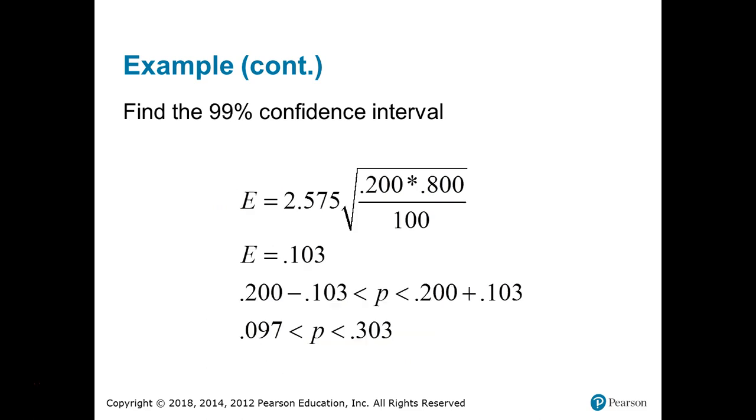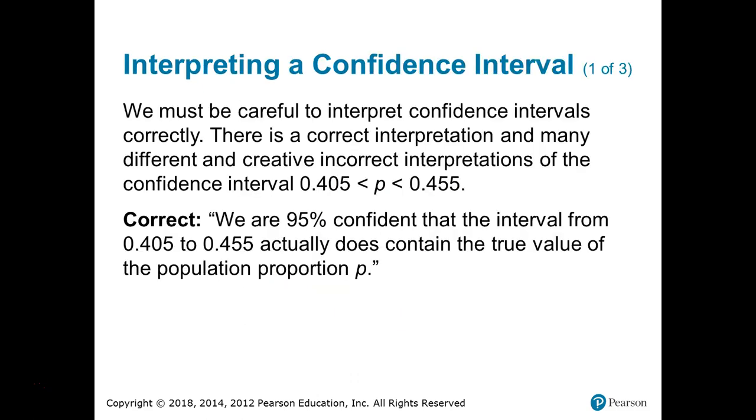Then we go up to 99%, z increases, and you can see that as you become more and more confident in something, the intervals get larger and larger. That just makes sense intuitively: the less confident you are of something, the tighter that interval is going to be, and the more confident you are of something, the wider that range is going to be to encompass more possible values.